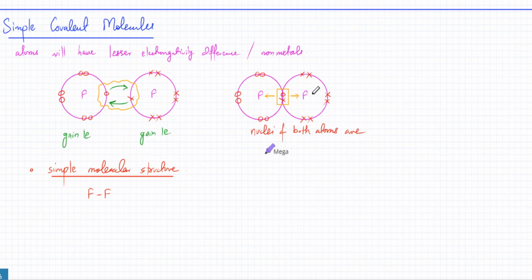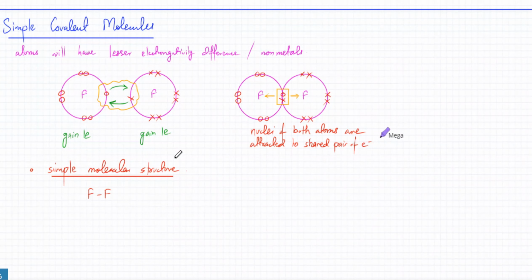The electrons are in the middle, this fluorine nucleus is attracted to it, and this fluorine nucleus is also attracted to it. Which is why both atoms are sticking to these electrons in the middle. So the nuclei of both atoms are attracted to the shared pair of electrons.